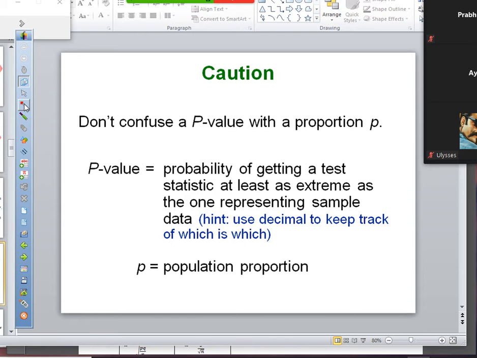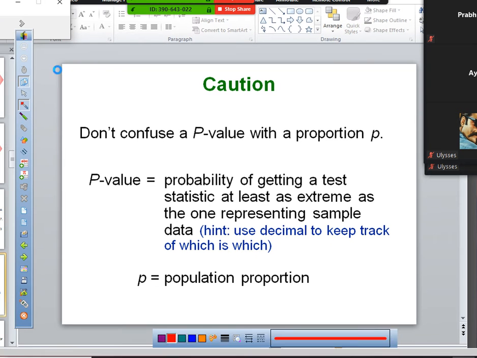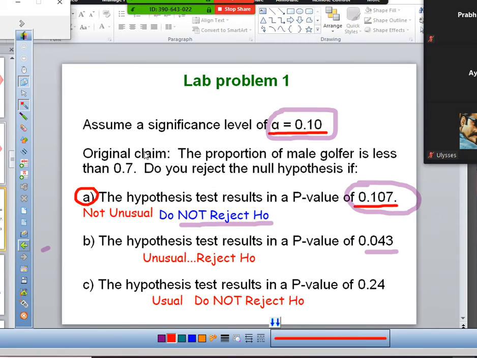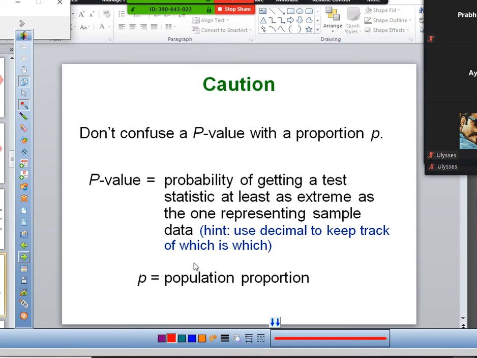And again, this is what Angel was talking about, like that 0.7, that was confusing, right? 0.7% of male golfers is less than 0.7%. It gets confusing when you have these proportions floating around there, like the 0.7%, which is part of your problem, and you got p-values, which are also decimals, right? So it gets kind of confusing when you have both of them in there, which is why I typically don't do p-values, even though most of the world does p-values.